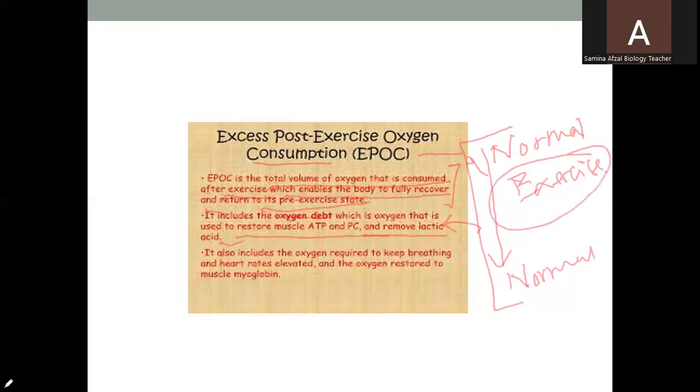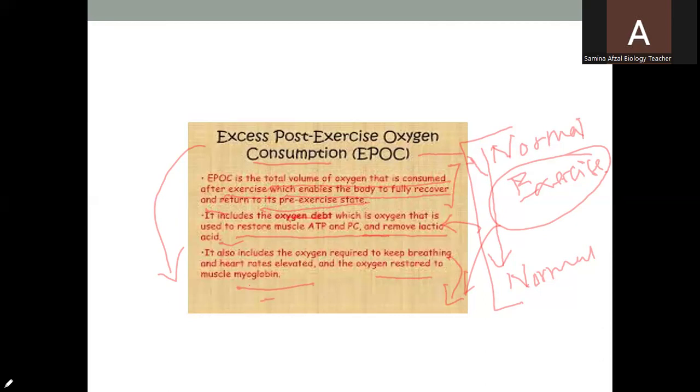So to remove this lactic acid, oxygen is required. And then EPOC also includes the oxygen which is required to keep breathing and heart rates elevated, and the oxygen restored to muscle myoglobin.